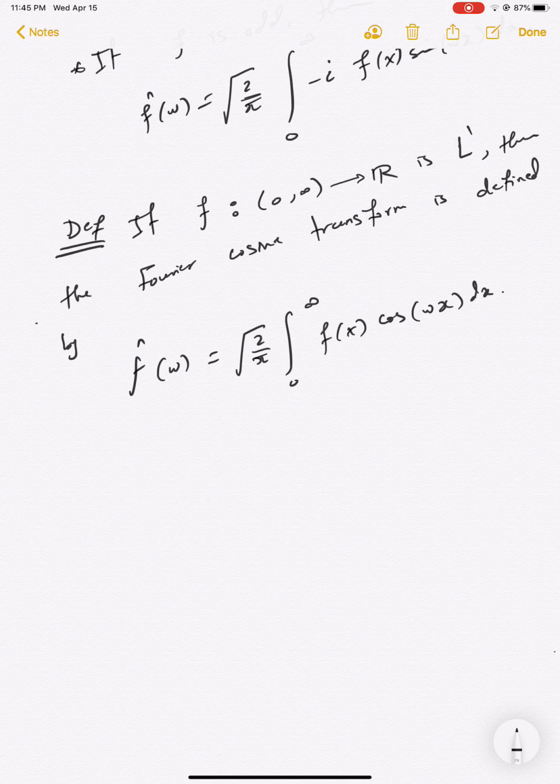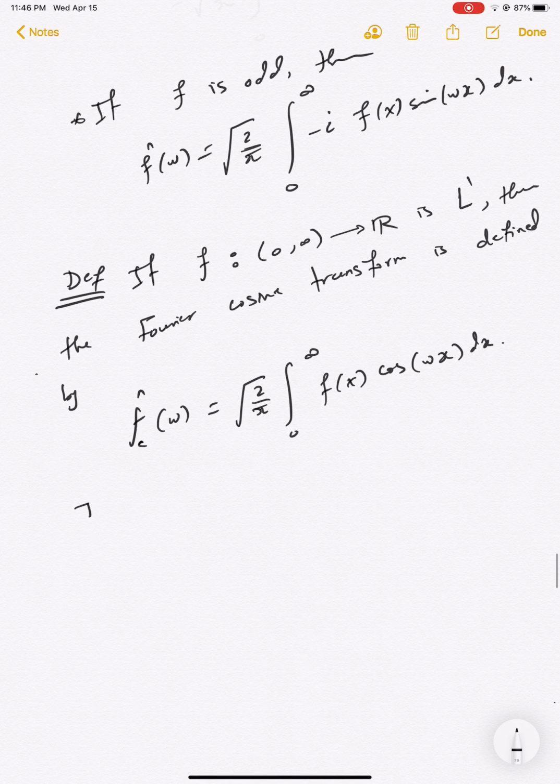But this is a little bit confusing because we used the notation f hat of omega for the Fourier transform itself. So to distinguish this from the Fourier transform, we're going to write sub c here. So this is f hat sub c to indicate that we are talking about the Fourier cosine transform.